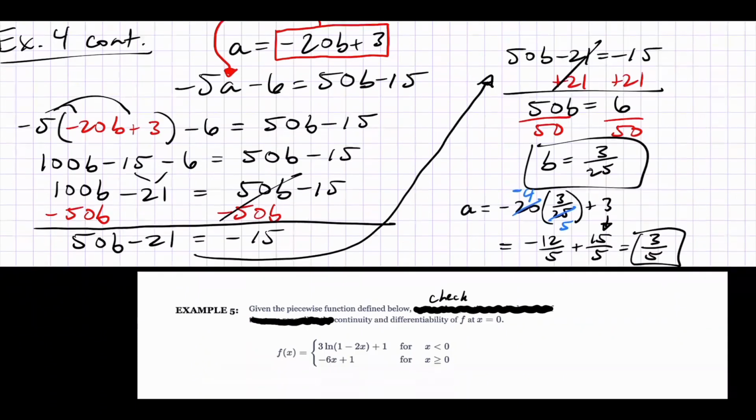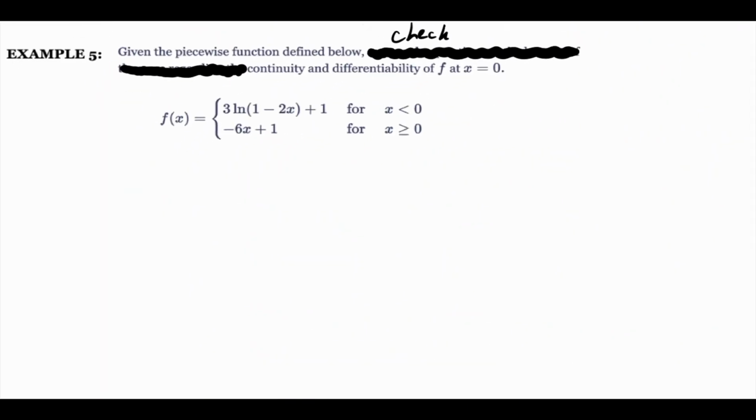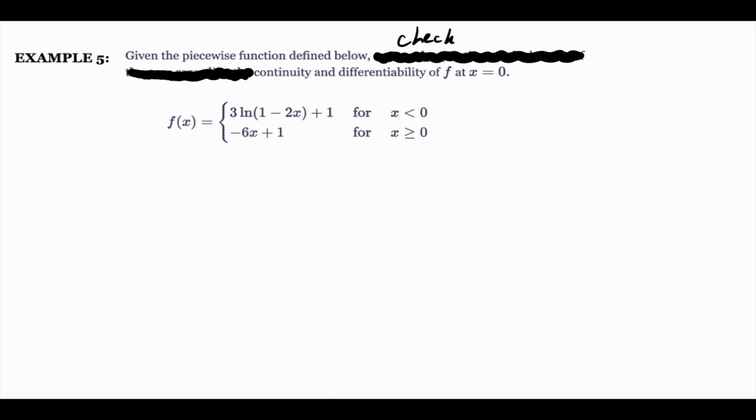Okay. All right. So let's go to example number 5. I changed the question a little bit so you can match mine. Essentially, it says the same thing, but it was more of a Delta Math question, and Delta Math had choices down there.